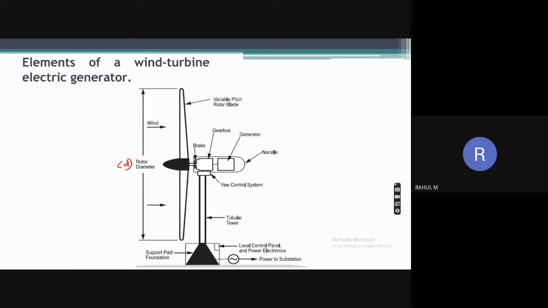Now, there are other terminologies as well. You can see that you have a brake system plus a gearbox plus a generator, and this entire system is enclosed in a housing called a nacelle.